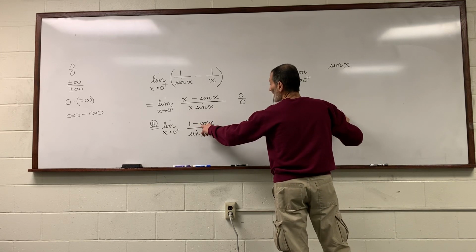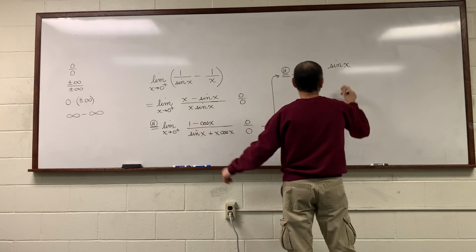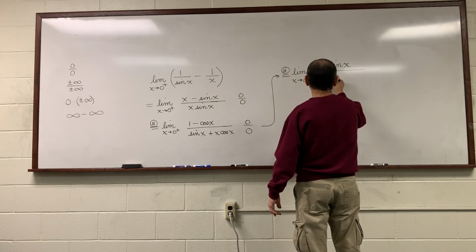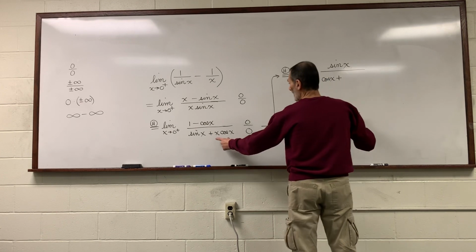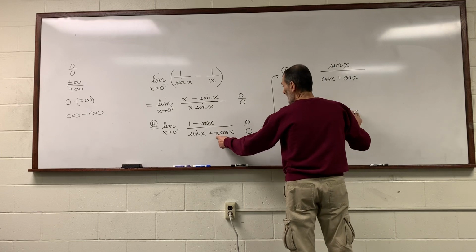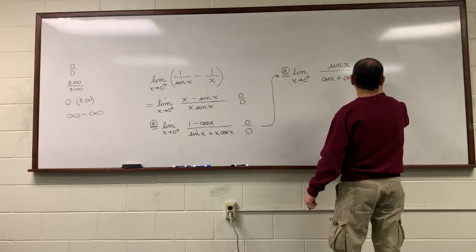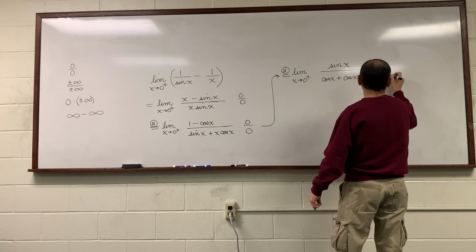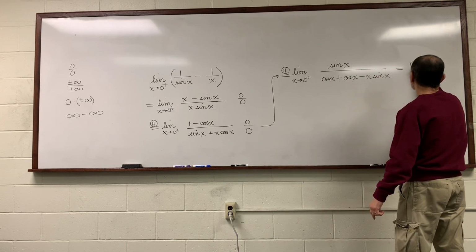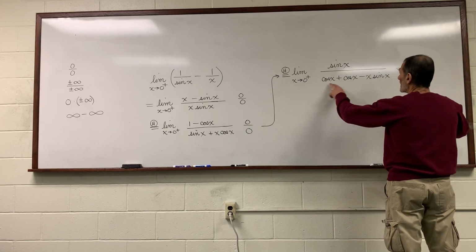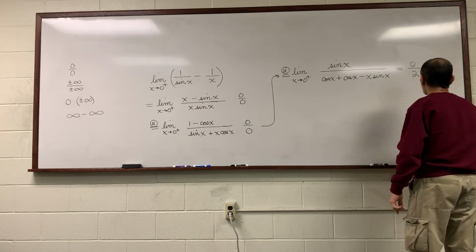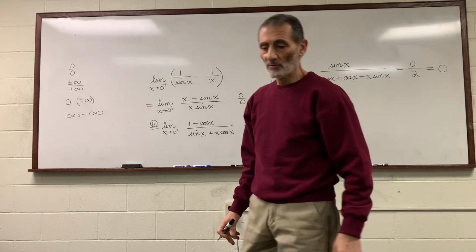The derivative of cosine x is negative sine x, over cosine x plus, again we have a product rule, 1 cosine x plus x times negative sine x. Equals, the sine of 0 is 0, over 1 plus 1 minus 0, 0 over 2, which equals 0. And there is our limit.